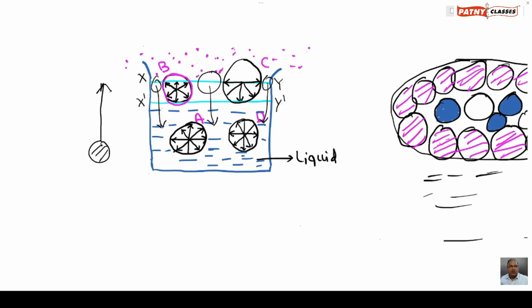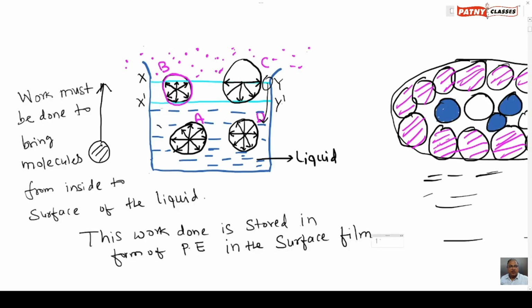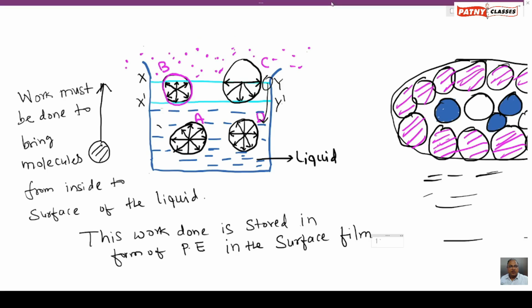So when some molecules are already going inside, some other molecules are ready to maintain the stability of the surface. So they must be brought from inside to the surface of the liquid. Molecules are not easily coming up.